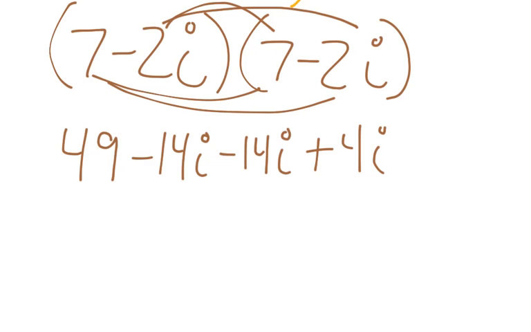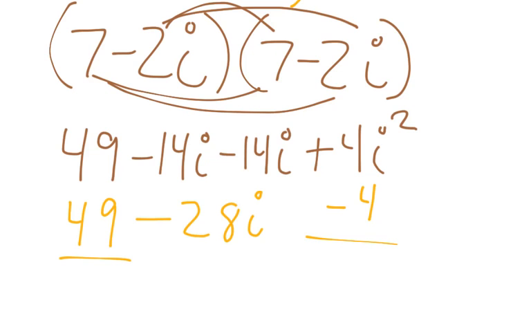Lost myself there, I'm sorry guys. 49 minus 14i minus 14i plus 4i squared, that's the FOIL here, but the 4i squared becomes minus 4. This becomes 49, and then negative 28i, because minus 14 minus 14.